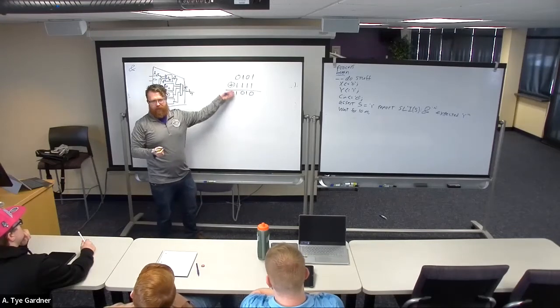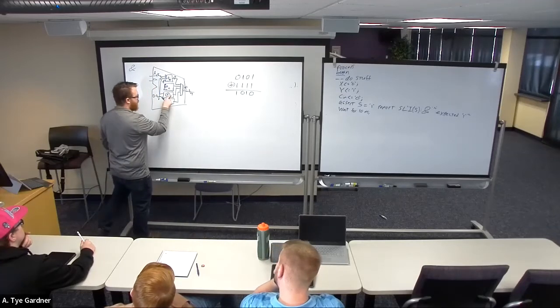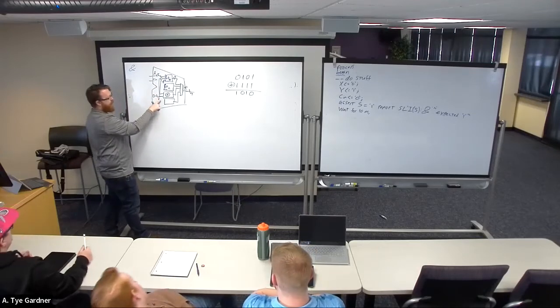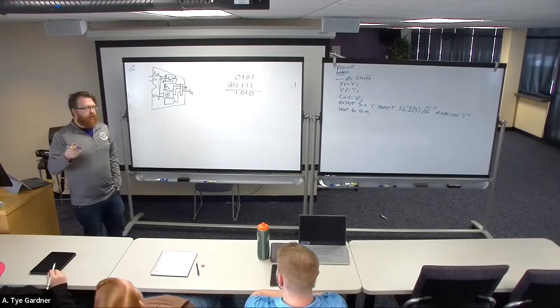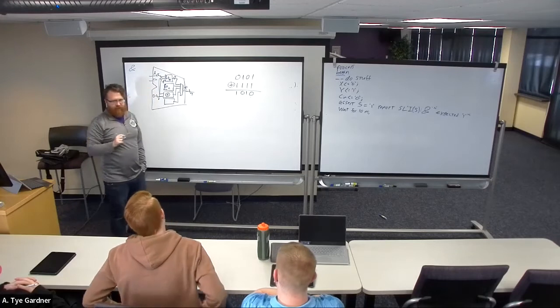The inputs are 4 bits, the output is 4 bits. So that means the output of this is 8 bits because I'm XORing A and B. They're going to stay the same size. So the 9th bit is going to come from the carry in, actually.